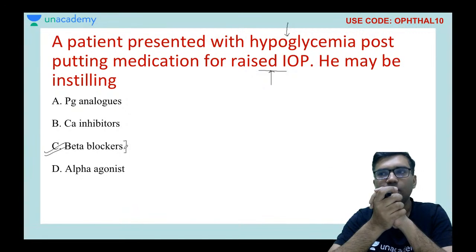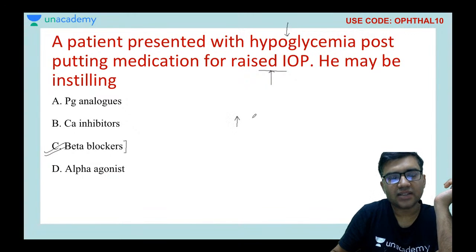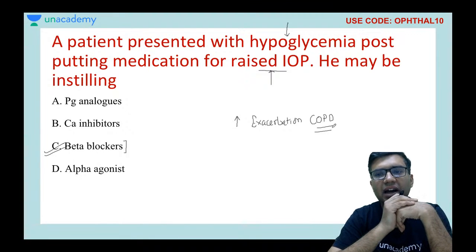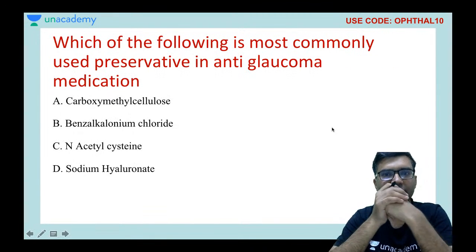One is hypoglycemia and the other is they can increase the chances of exacerbation of COPD as well. There are lots of side effects, but these two are the most commonly asked in the exam. Okay, let's move to our next question.